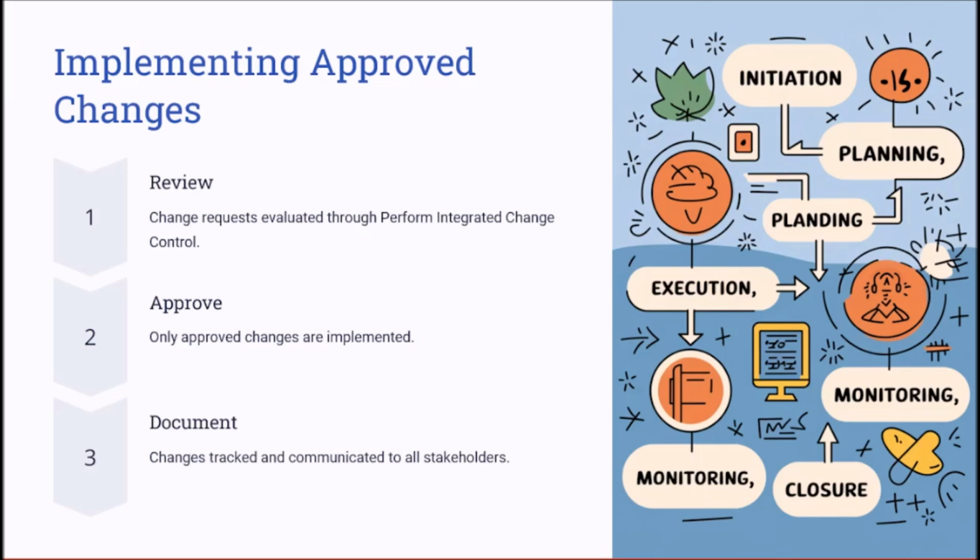The request is evaluated for its impact on the timeline and cost. After approval, the project team updates the scope and schedule to include the new feature. Proper documentation ensures that the change is tracked, communicated, and documented effectively to all of the stakeholders, reducing the risk of confusion or misalignment.